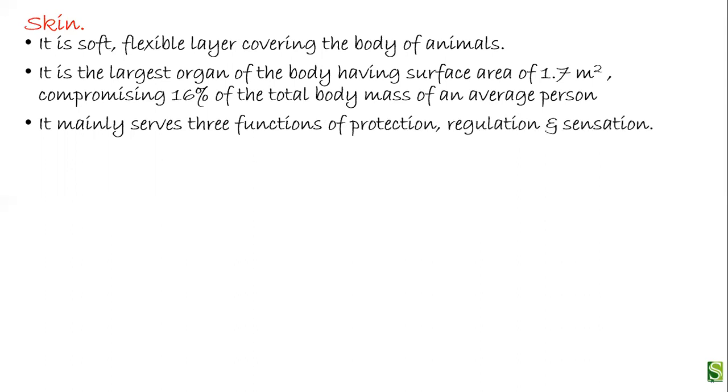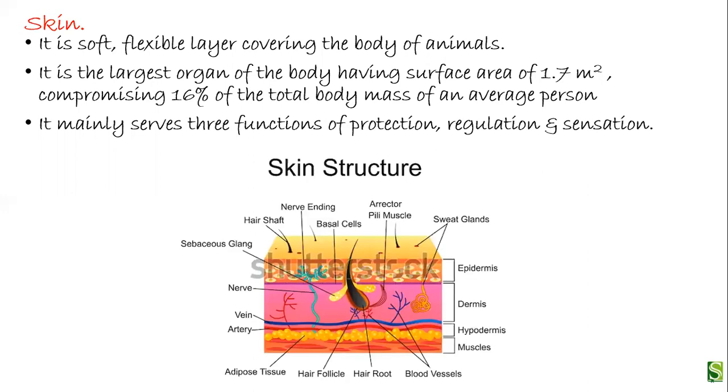The first function is protection. Second is regulation of heat and water content of the body. Then it also helps in sensation. So this is the skin. As you can see, the skin is divided into two parts, epidermis and dermis.